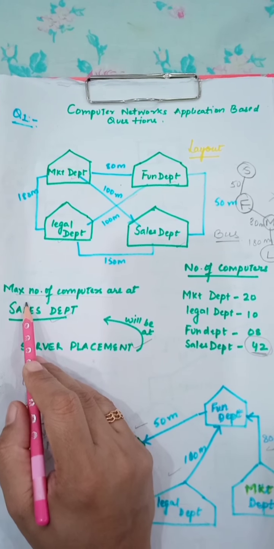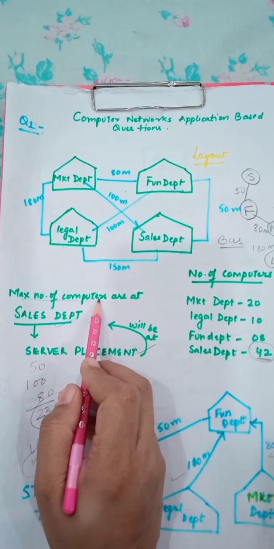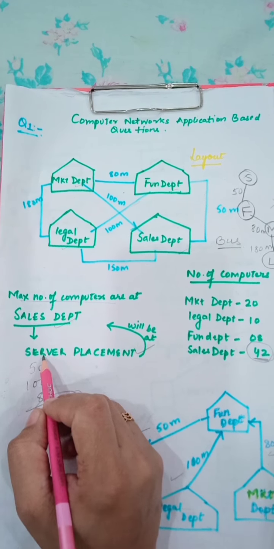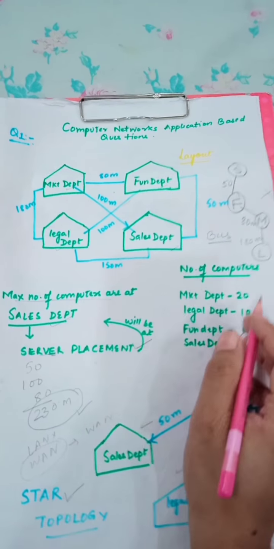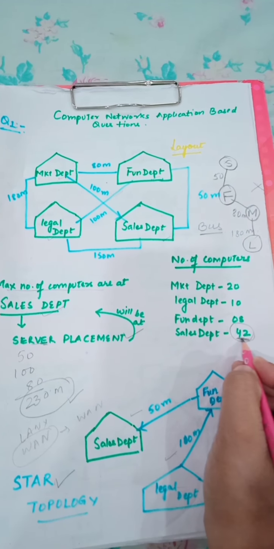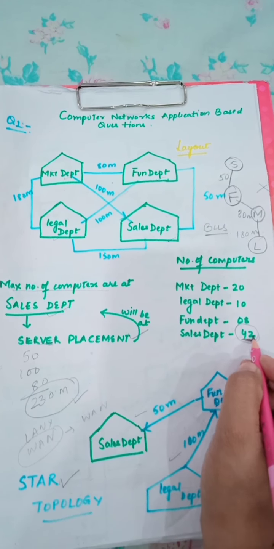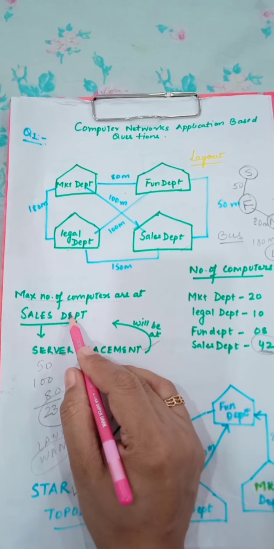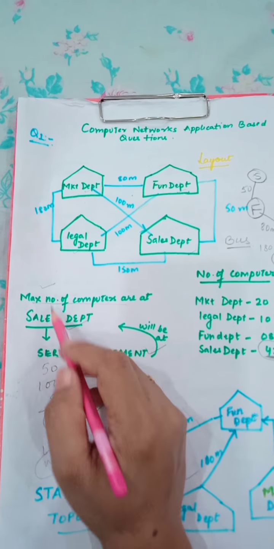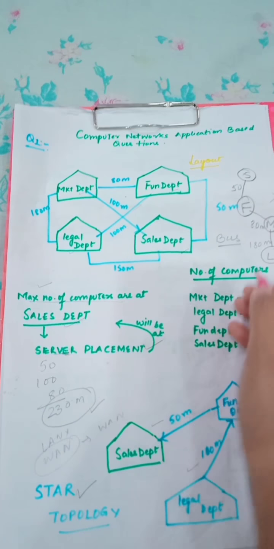You all know where we have to place the server: the server is placed at the sales department, because the sales department has the maximum number of computers, that is 42. So obviously the server will be placed at the sales department.